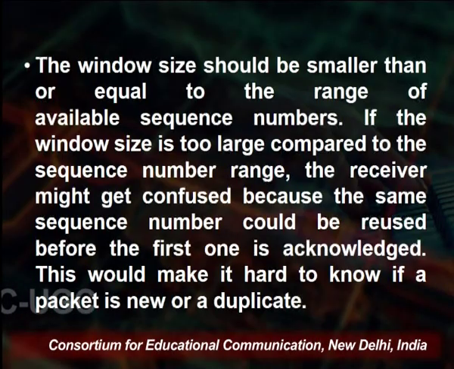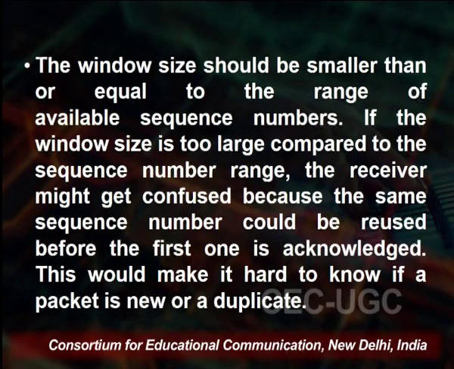And I have already told you that sequence numbers are used to label the packets so that receivers know they are arriving in order and can detect any missing packets. For example, if the sequence numbers are 0, 1, 2, 3, and the receiver gets 0 and 1 and then 3, it will figure out that 2 is missing. Now the window size should be smaller than or equal to the range of available sequence numbers. How many sequence numbers are available?